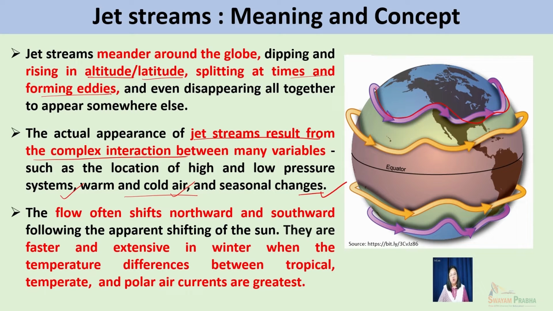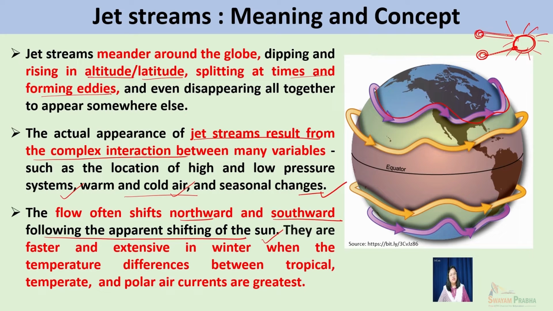The flow often shifts northward and southward following the apparent shift of the sun. So, as we know that different latitudes of the earth are heated up during different time periods. During the summer solstice, the sun is overhead the Tropic of Cancer, whereas during the winter solstice, the sun is overhead the Tropic of Capricorn.